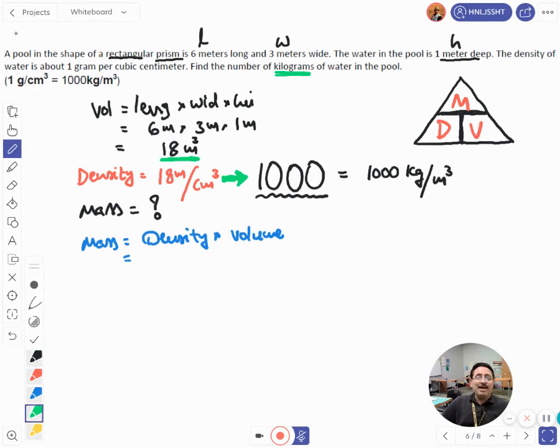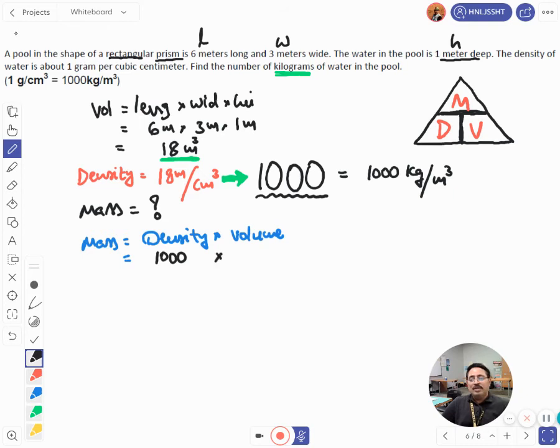Now I see that the units are in cubic meters. Therefore, here also I have cubic meters. Then I can go ahead and compute. Now, what is the density? The density is 1000 kilograms per cubic meter. Therefore, let me take 1000 here.